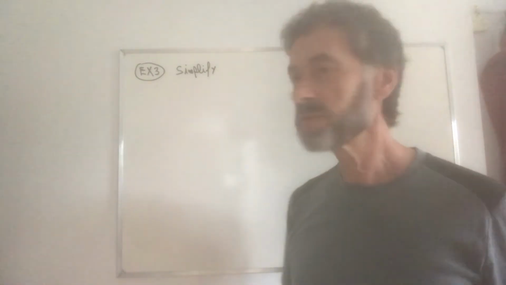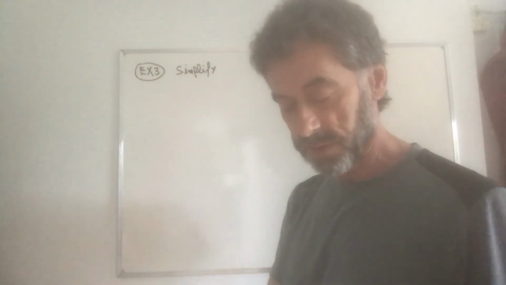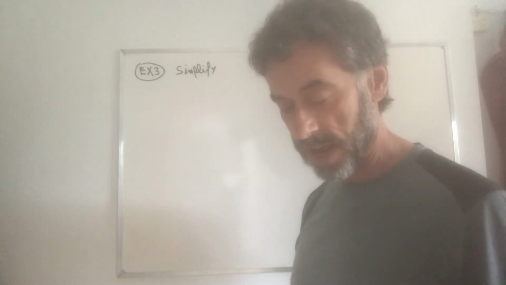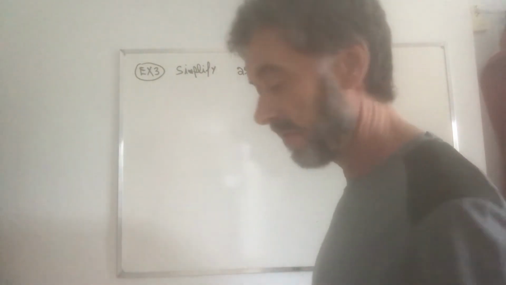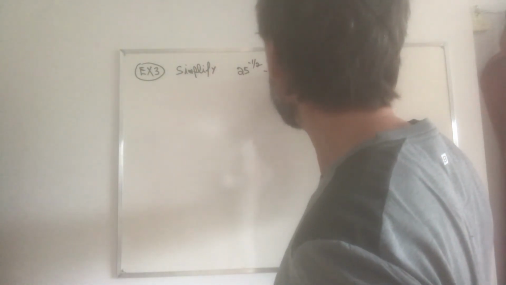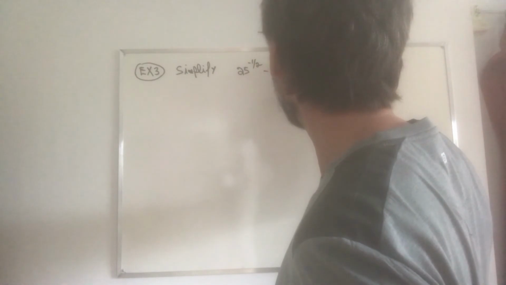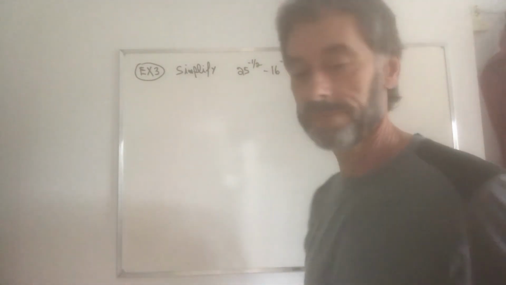So let's stray away from the x's and the y's for 1 second. Let's put in some numbers. So these guys are saying, what are they saying? They're saying 25 to the power of minus 1/2 minus 16 to the power of minus 1/4.